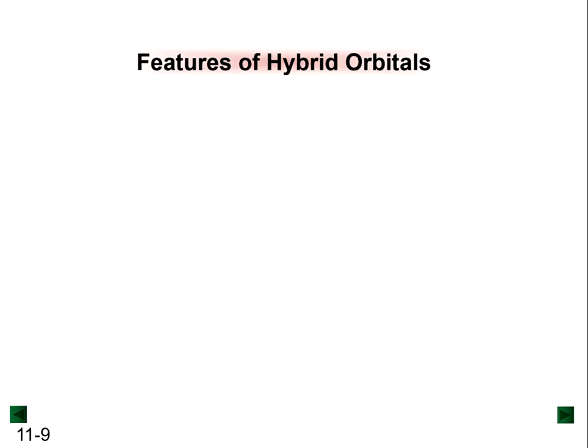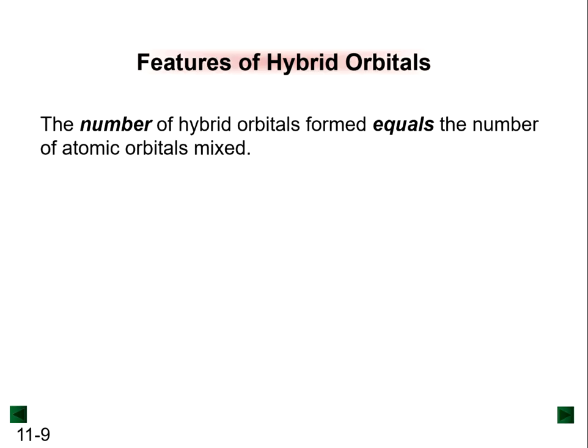Once you've formed these hybrid orbitals, they're going to have a series of characteristics. The number of hybrid orbitals equals the number of atomic orbitals that are mixed. So if you have one s and two p orbitals that mix together, then you're going to end up with three hybrid orbitals. There'll be three sp squared or sp2 hybrid orbitals.